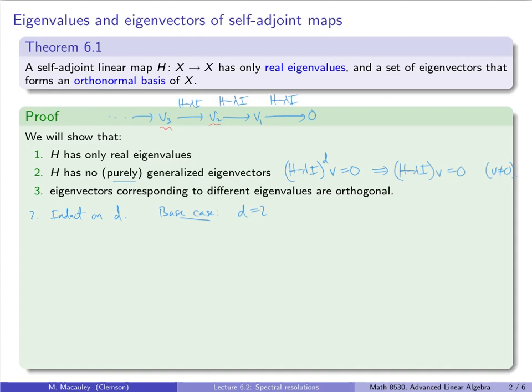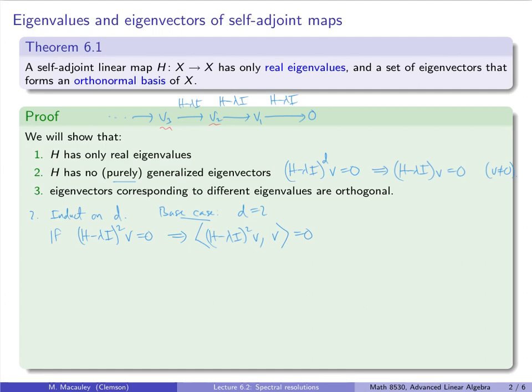So in this case, let's suppose that we have some vector that gets killed by 2 iterations of H minus lambda I. I claim that it really also gets killed by 1 iteration. So in other words, if H minus lambda I squared times V equals 0, then that means H minus lambda I squared V dot V is equal to 0, right?